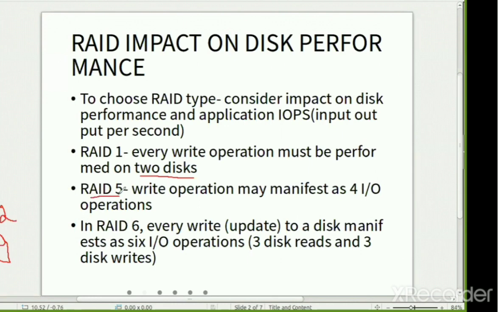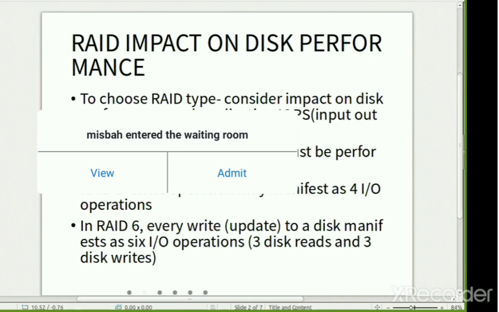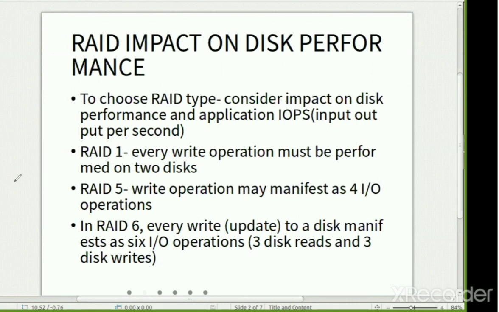The same way, when I'm performing the write operation on RAID 5, hope you remember RAID 4 and RAID 5. In RAID 4 we had four disks, along with a separate parity disk which maintains the parity of every stripe. But in RAID 5, we have four disks, and we are going to maintain the blocks of the disk.